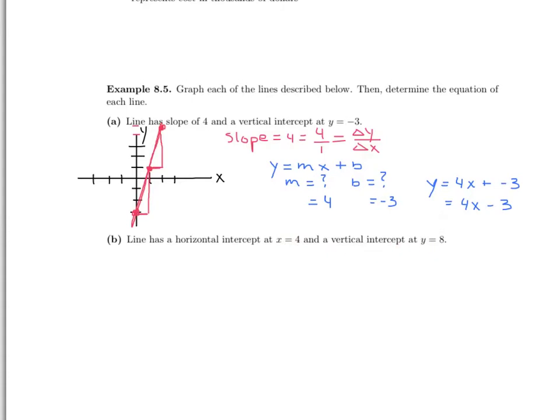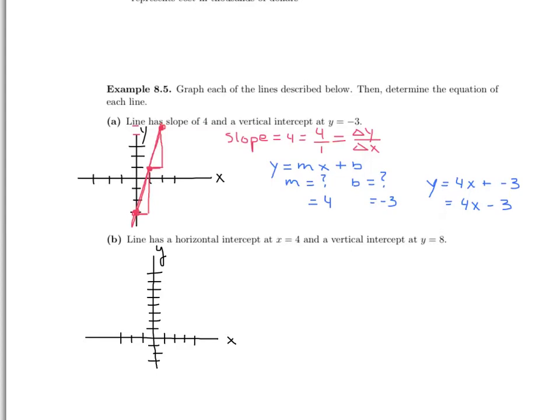Again, let's start by graphing this line. Okay, that should be enough for tick marks.